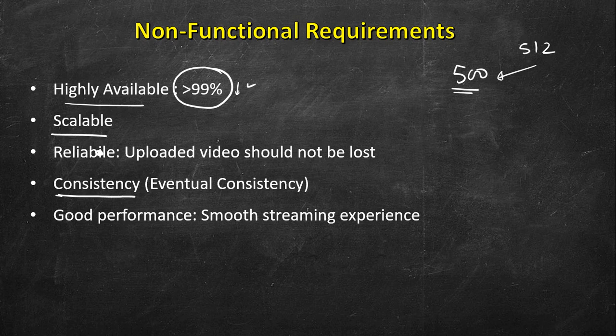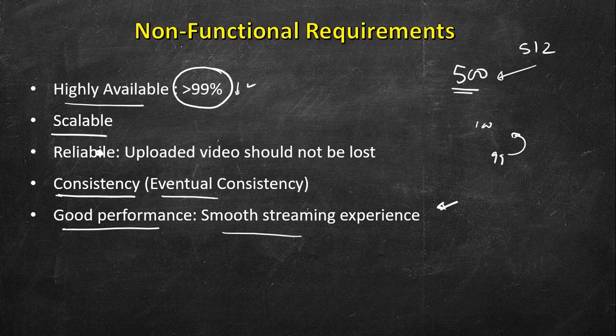And similarly for other features, if there are 100 likes and it's showing only 99 likes because it's not synced yet, then it's fine. So consistency is eventual in this case. And also the performance should be good. That is, for viewers, the streaming experience should be good. And there are many things that YouTube does along this.